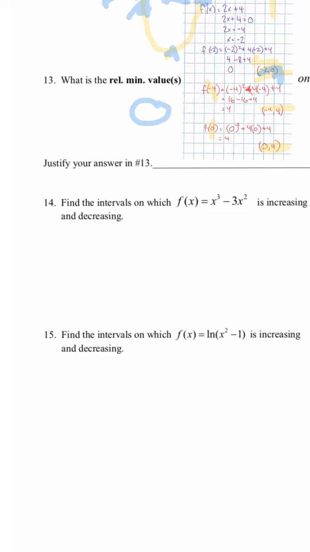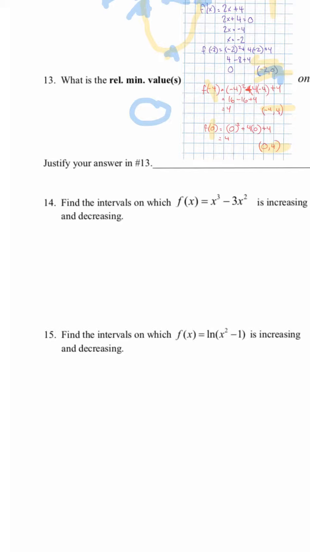So we'll also look for places where the derivative is either equal to 0 or not defined. After we find the critical values, we will also look at x values in between the critical values, plug them into the first derivative function. If they are positive, the function is increasing on that interval, and if the derivative is negative, the function is decreasing on that interval.